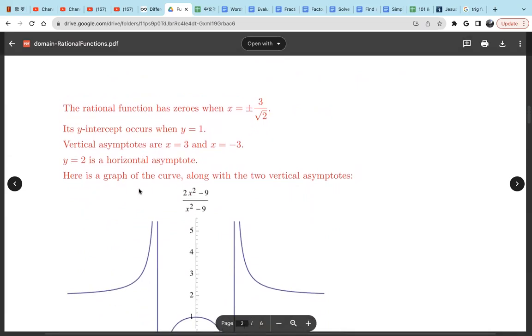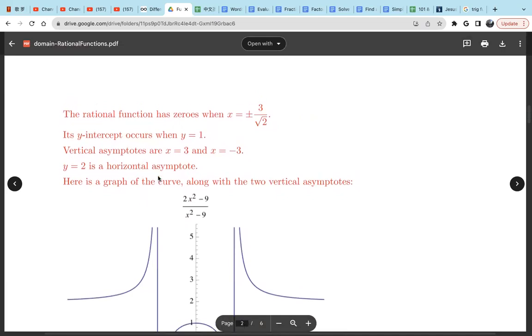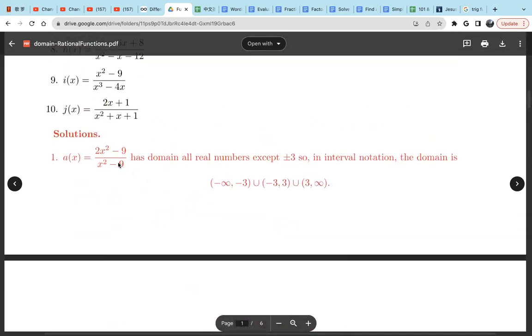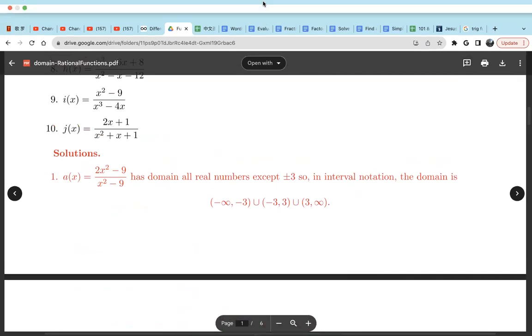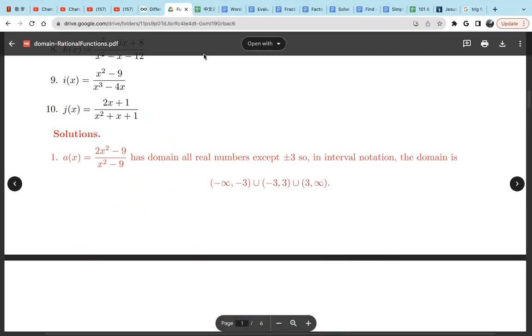So we want to find the x-intercept, right? How do we find the x-intercept? X-intercept means the y value, the function value, is 0. The definition of x-intercept is some x value, but the y value is always 0.